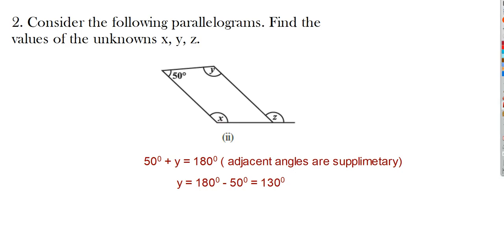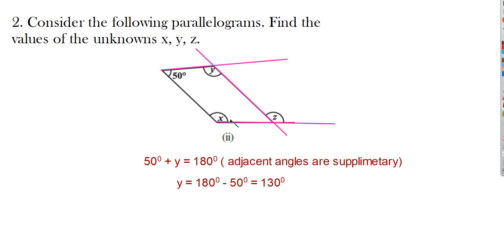Here these two sides are parallel. Then these two parallel sides are intersected by a transversal. Now you can see angle Y and the angle Z are equal. They are alternate interior angles. You know angle Y is equal to 130, therefore angle Z is also equal to 130.